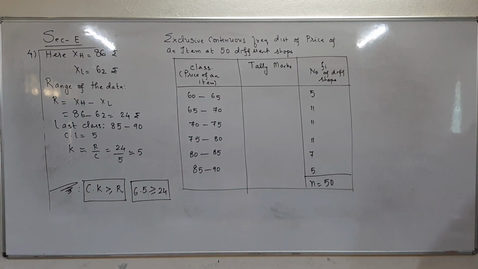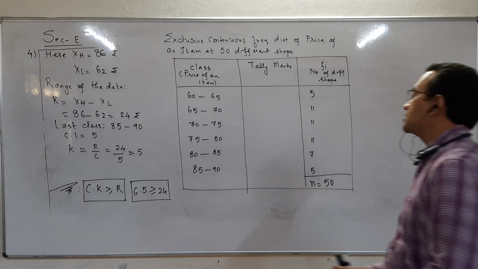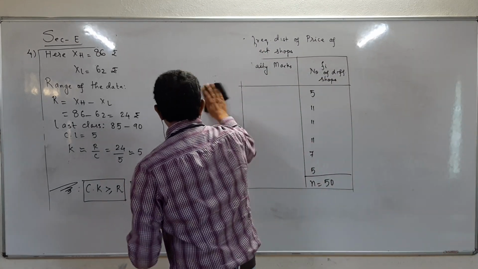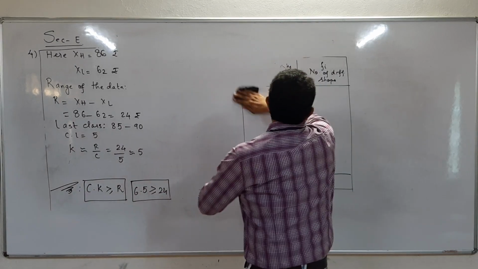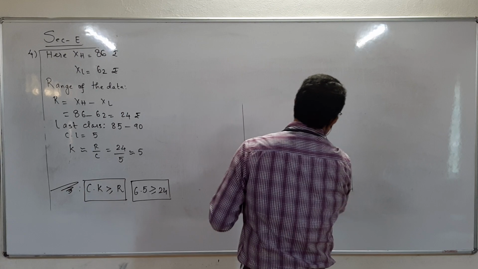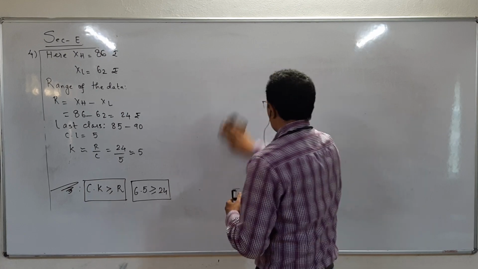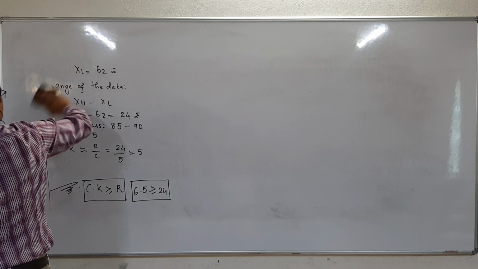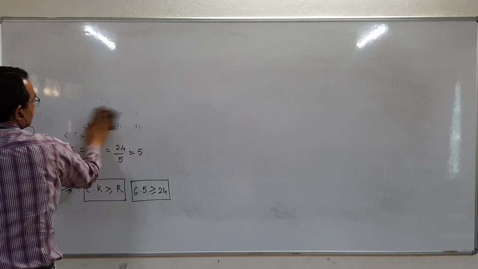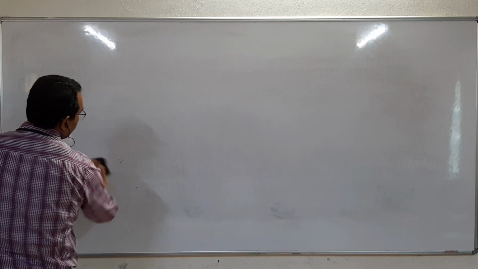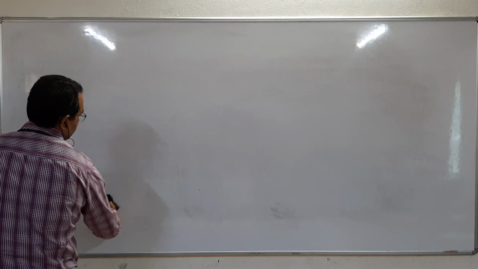One is less than type and other is more than type. Yes or no? So, in less than type, we use upper boundary points, and in more than type, students, we use lower boundary points. This much theory all of you must perfectly remember as well as understand.